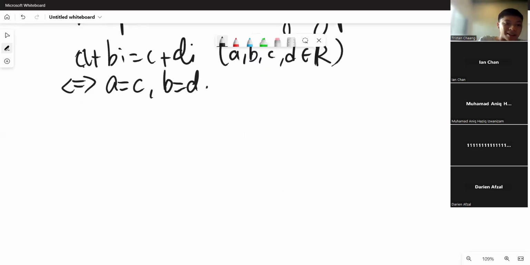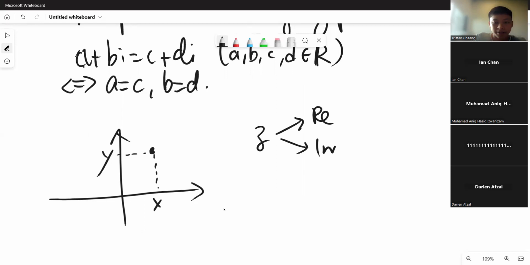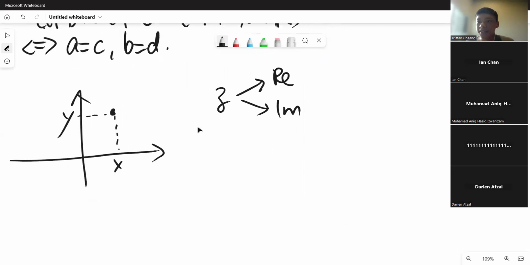On a Cartesian plane, every point on the plane is also specified by two real numbers, right? The x coordinate and the y coordinate. And a complex number z is specified by a real part and imaginary part. So let's combine these two concepts together and construct what we call the complex plane or the Argand diagram.